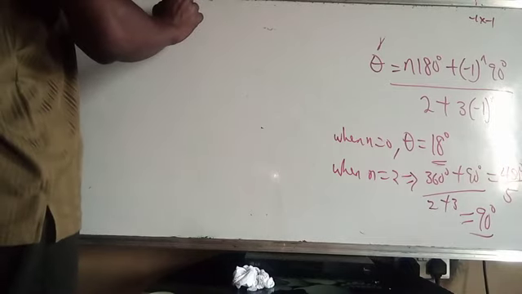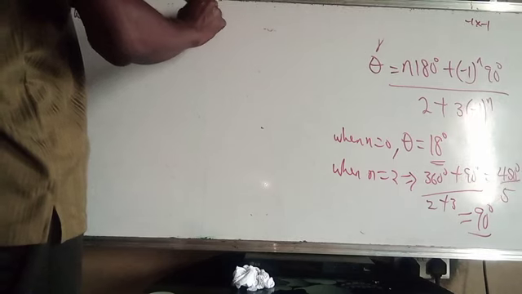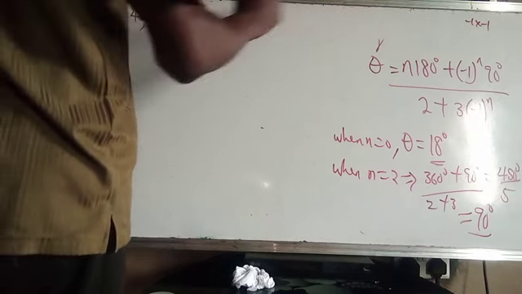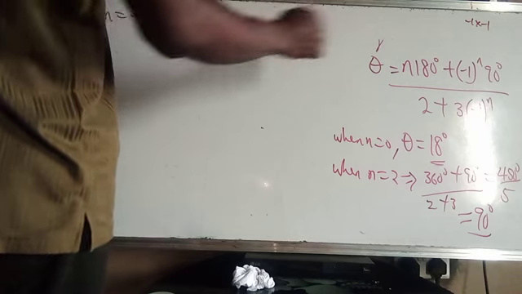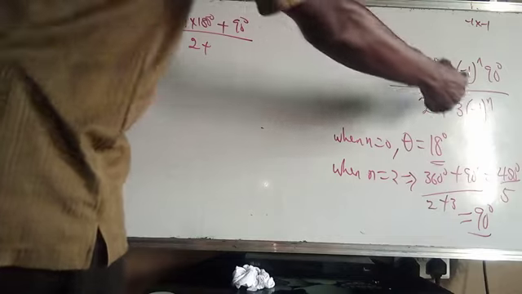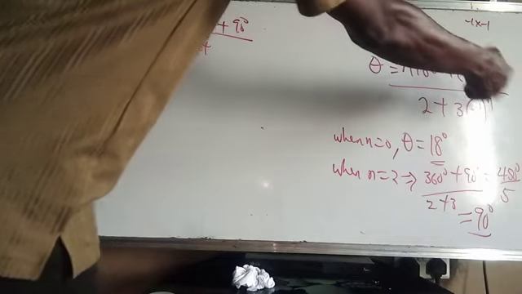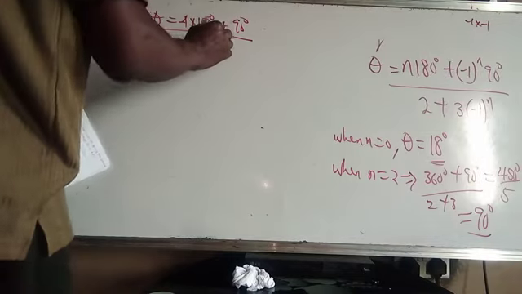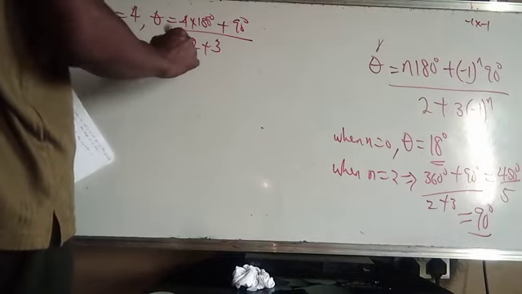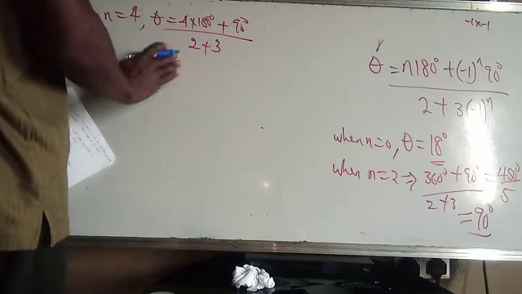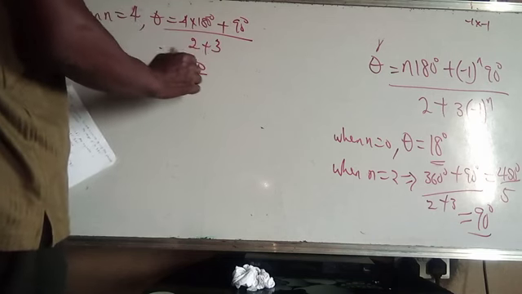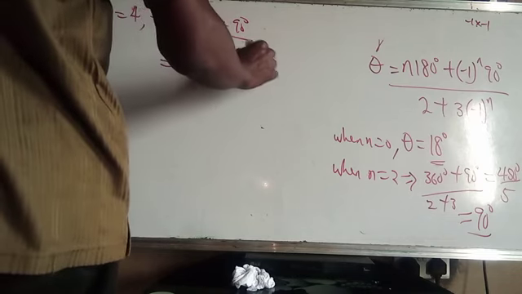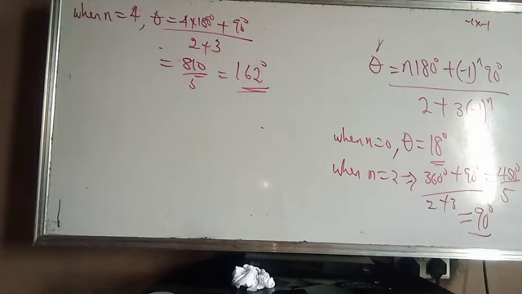Theta will be 4 times 180 degrees plus minus 1 raised to power 4, that's 1. 1 times 90 degrees all over 2 plus, this will be 3, because when it is even, it will be plus 1. This minus 1 raised to power 4 is plus 1. So 3. So this will be what? 720 plus this 810. 810 all over 5. And that will be what? 162 degrees.